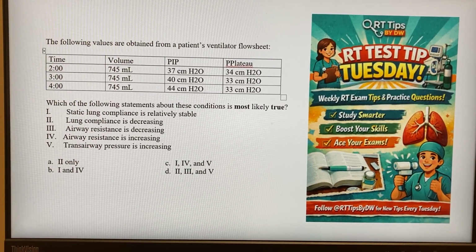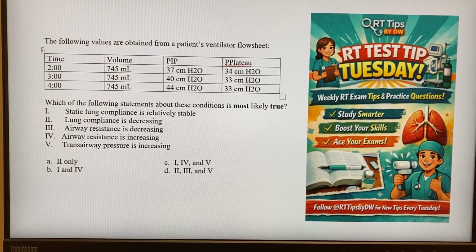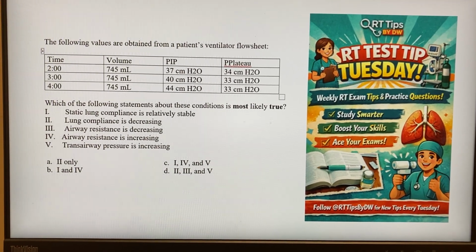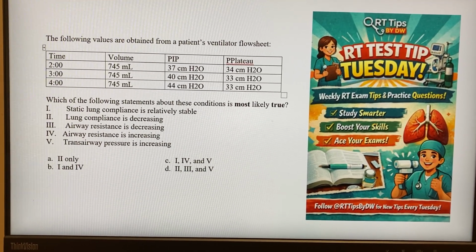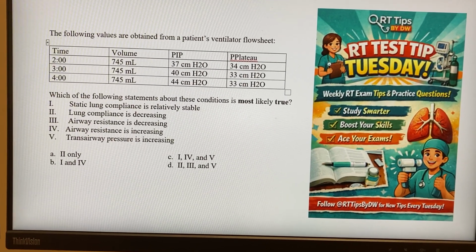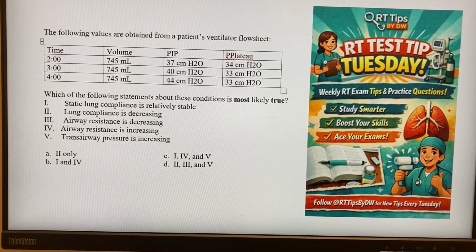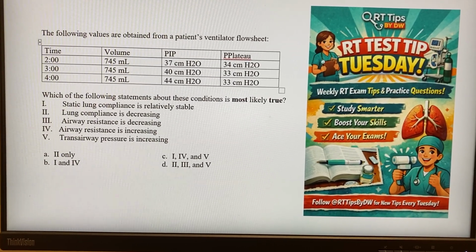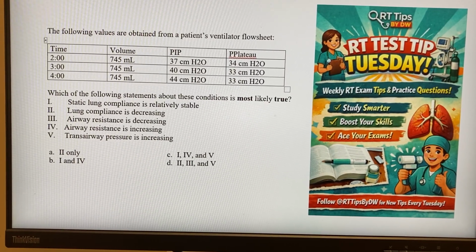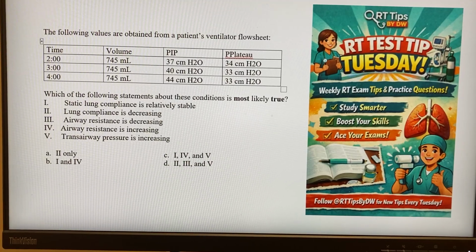You've also got to understand a little bit about static compliance and dynamic compliance, and again, take into account conditions that can increase or decrease airway resistance, and those conditions that might increase or decrease lung compliance. Then have an appreciation for what happens to your peak inspiratory pressures in the event that your airway resistance goes up, if your lung compliance goes up, or if your airway resistance goes down, or if your lung compliance happens to go down.